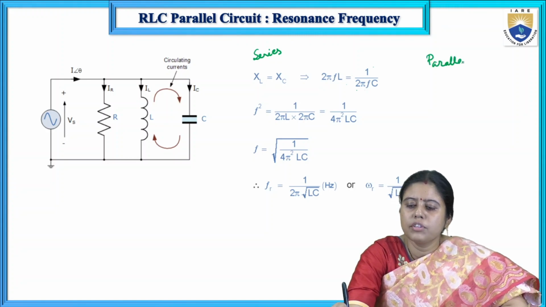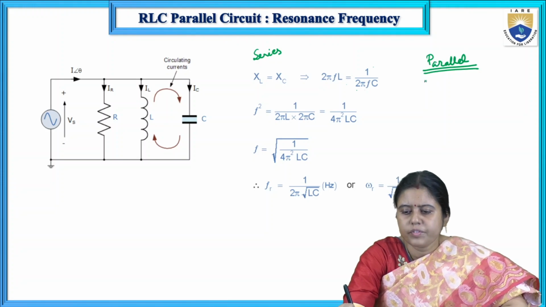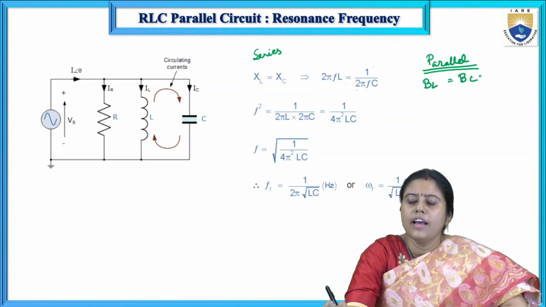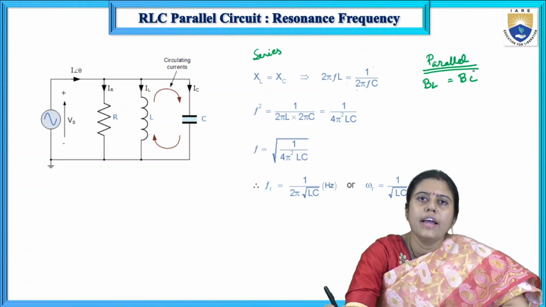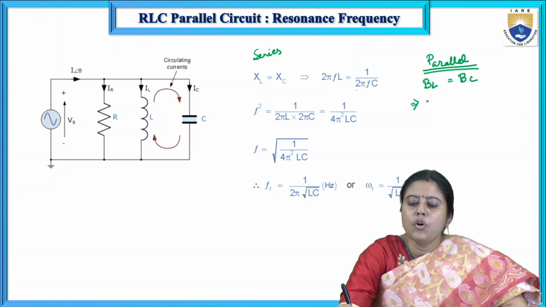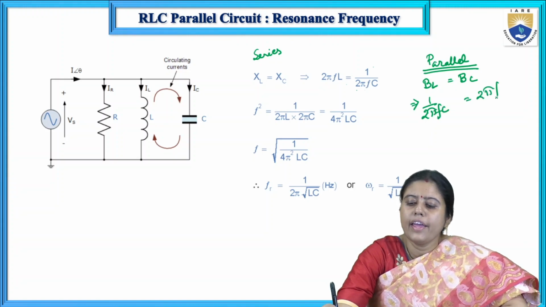If we move to the parallel circuit, we get BL is equal to BC, so the inductive susceptance is equal to the capacitive susceptance. What is inductive susceptance? 1 by XL, meaning 1 by 2 pi FL is equal to 2 pi FC.